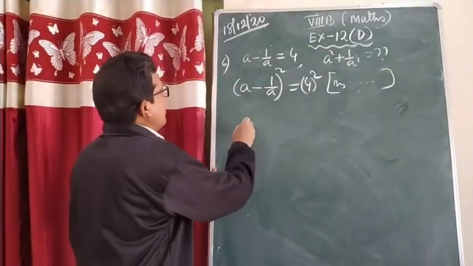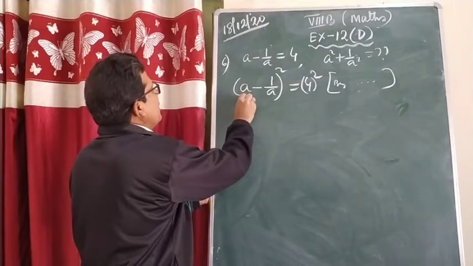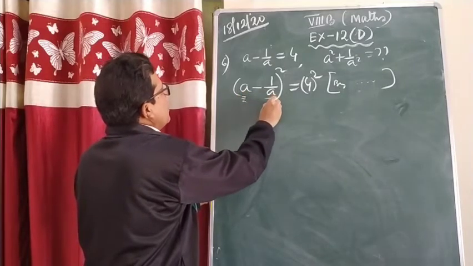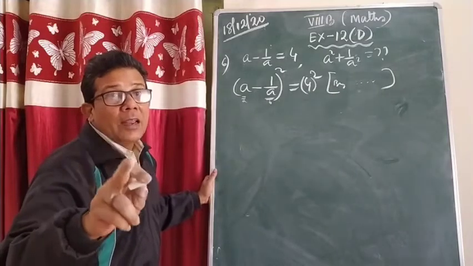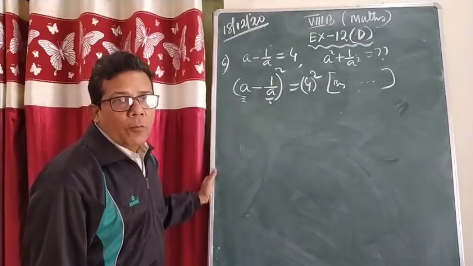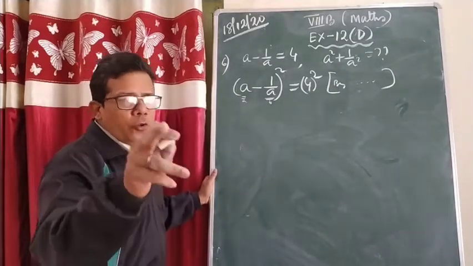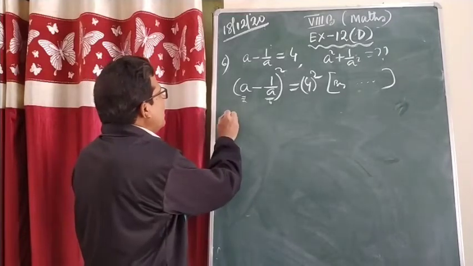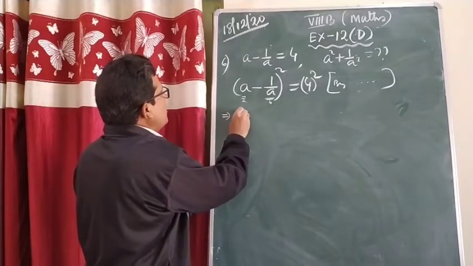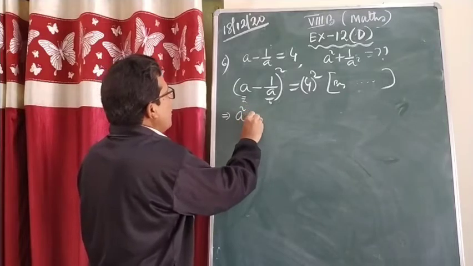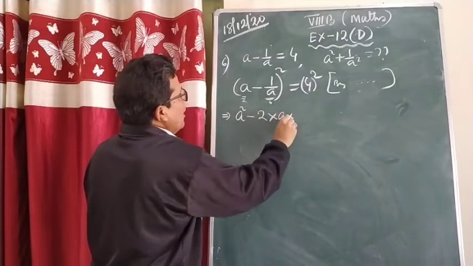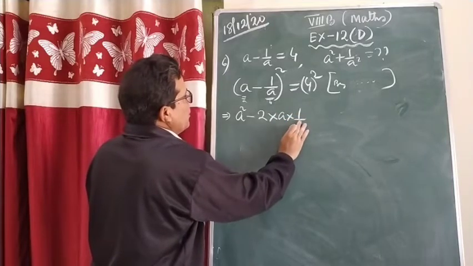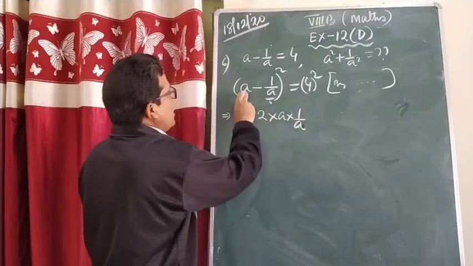So here you must write by squaring both sides. And if you square it, this you take as a, this you take as b, it is coming in the form of a minus b whole square. Which form? A minus b whole square. And you know the formula. Here, a minus b whole square means a square minus 2 into a into b, where first one is a, second one is b.